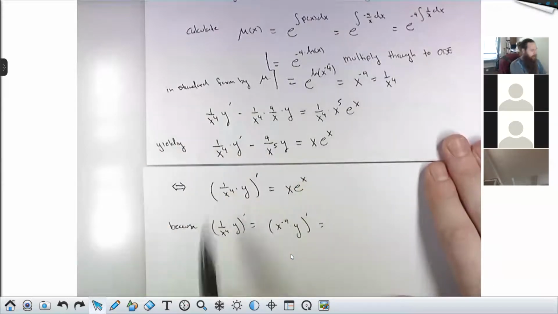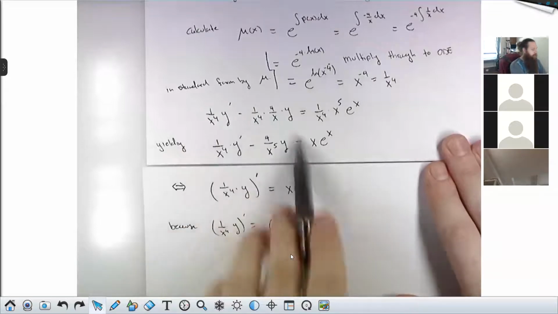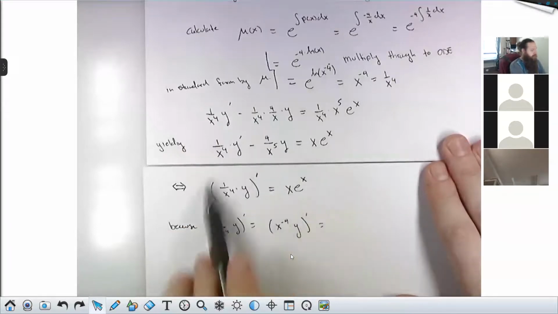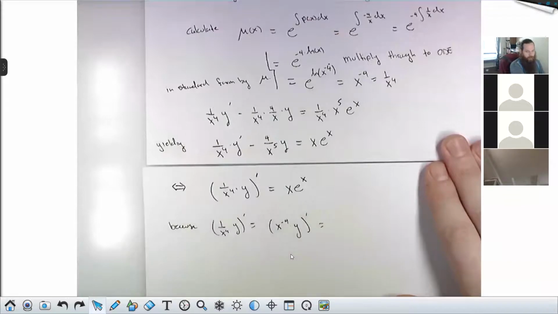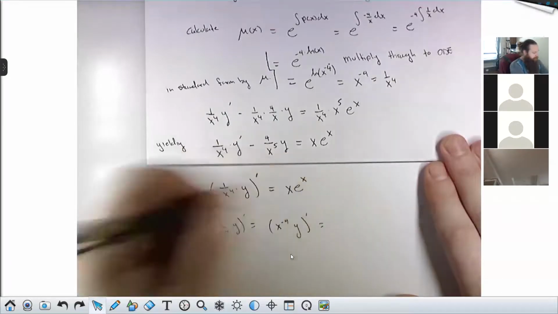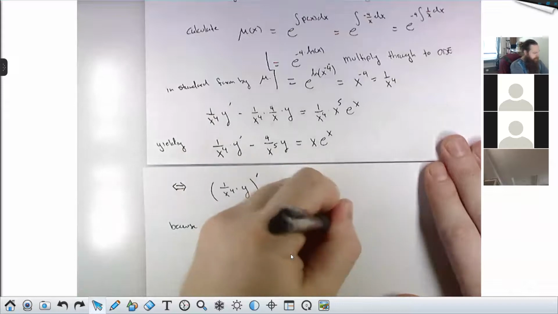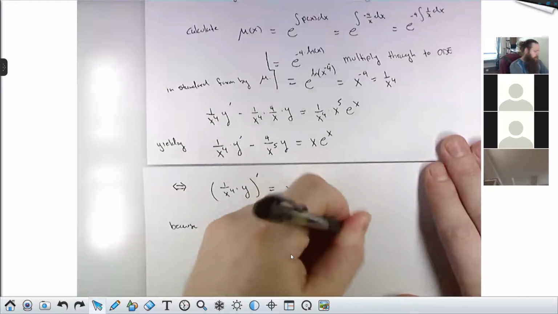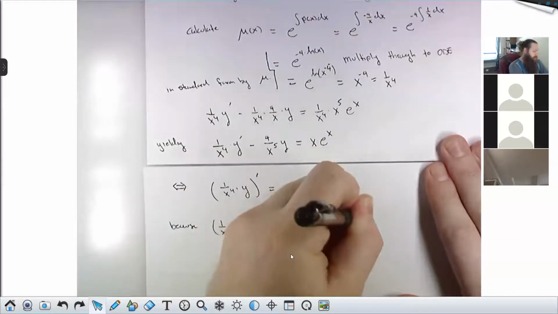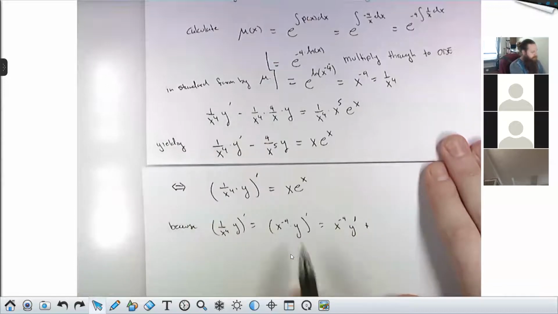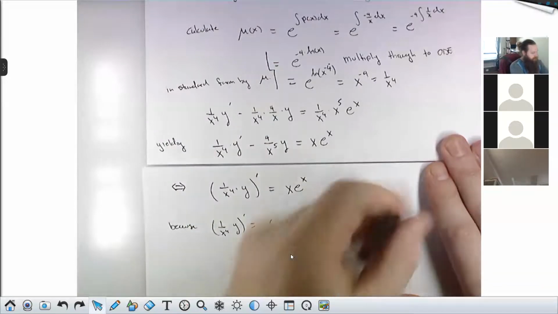So this left-hand side here, I claim that this really is this, and that it's just a product rule thing. Well, I'll show you here. I'm just going to do this on this one problem. I wouldn't write this out. I differentiate the y, I leave the x to the -4 alone. And then I leave the y alone, but differentiate the x to the -4.